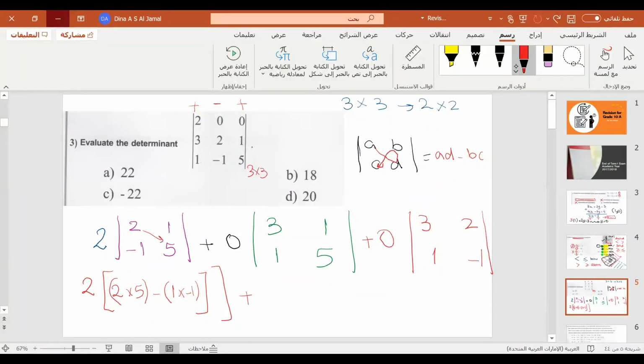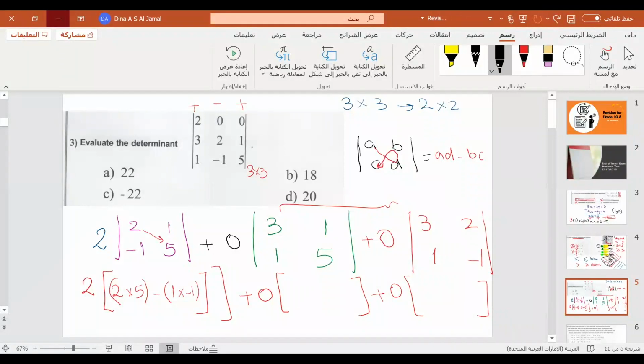Then now focus with me. Why did I tell you before that when you become an expert, you will not even write these? Whenever you have 0, 0 will be multiplied by this determinant. So in the exam, to save your time, you should know that whenever you are having here 0, there is no need to do this. And let me explain why.